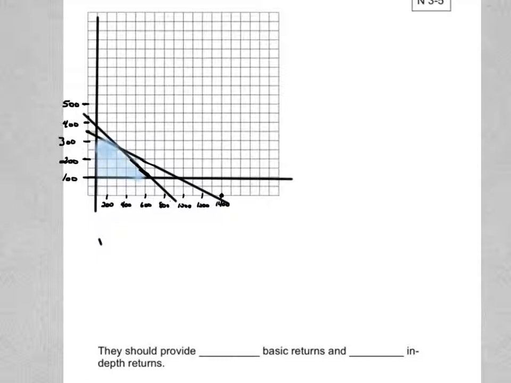We have to find corners. Well, the corners are not too bad to find. This one right here is going to be at 100 and 325.